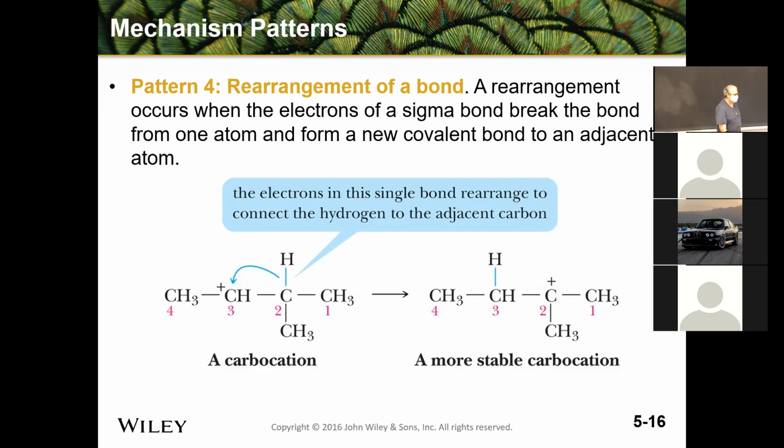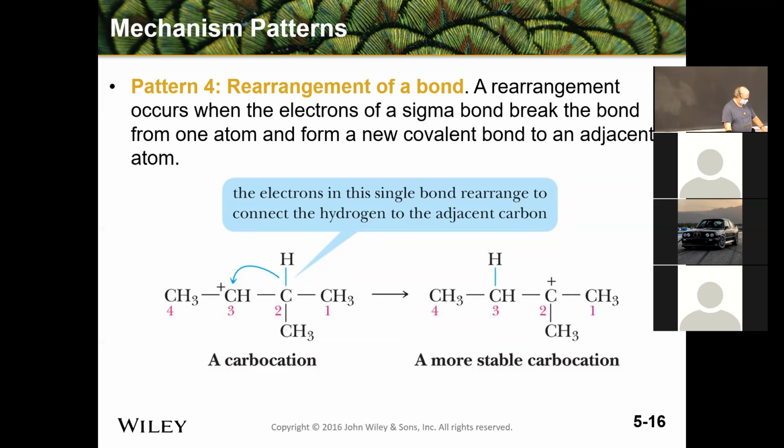Carbon number 3 that's pictured here only has 6 valence electrons. It carries a plus charge. So we're going to move over that hydrogen with its pair of electrons, and that leaves an empty spot on carbon number 2.